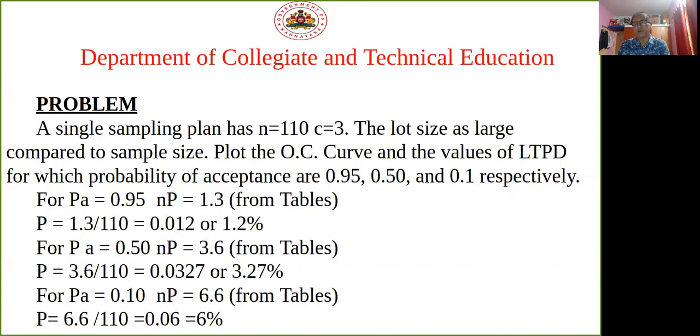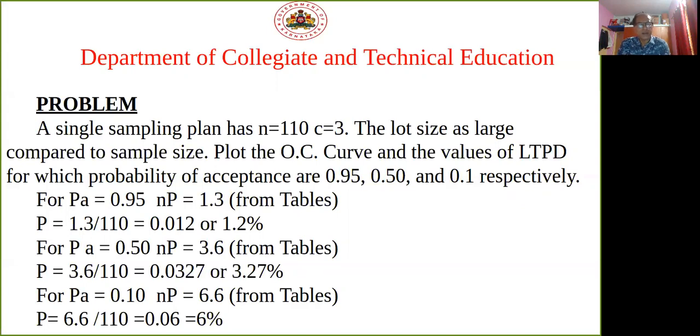The lot size is large compared with the sample size. So plot the OC curve and find the values of LTPD for which the probabilities of acceptance are 0.95, 0.51 and 0.1 respectively.